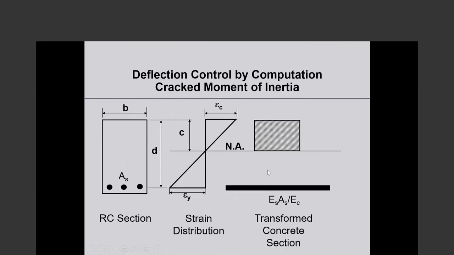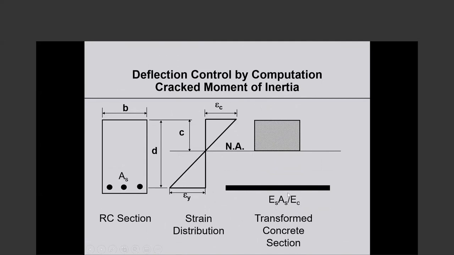This is the so-called transform section. To figure out the cracked moment of inertia, this is our section, the strain distribution. The concrete below the neutral axis is disregarded in computations. This is the reinforcement at depth d from the extreme compression fiber.